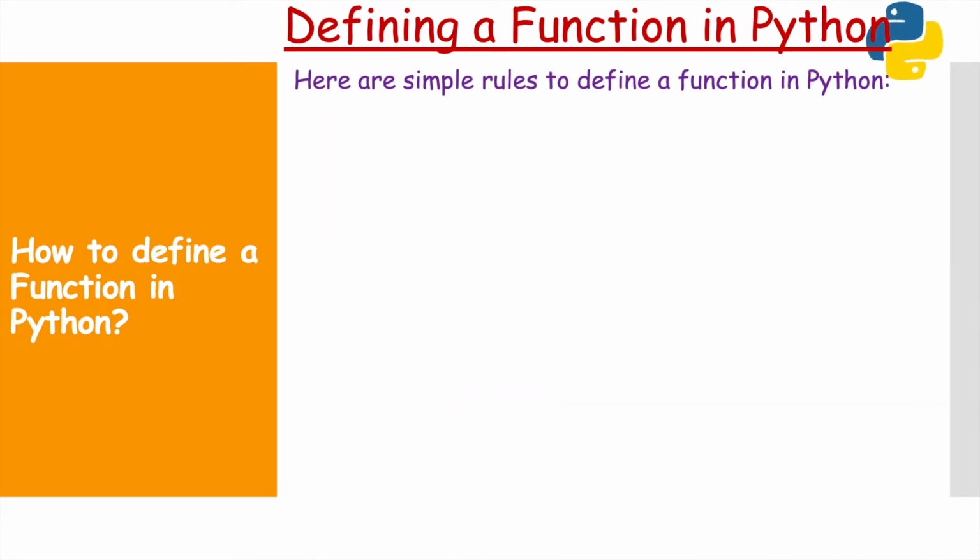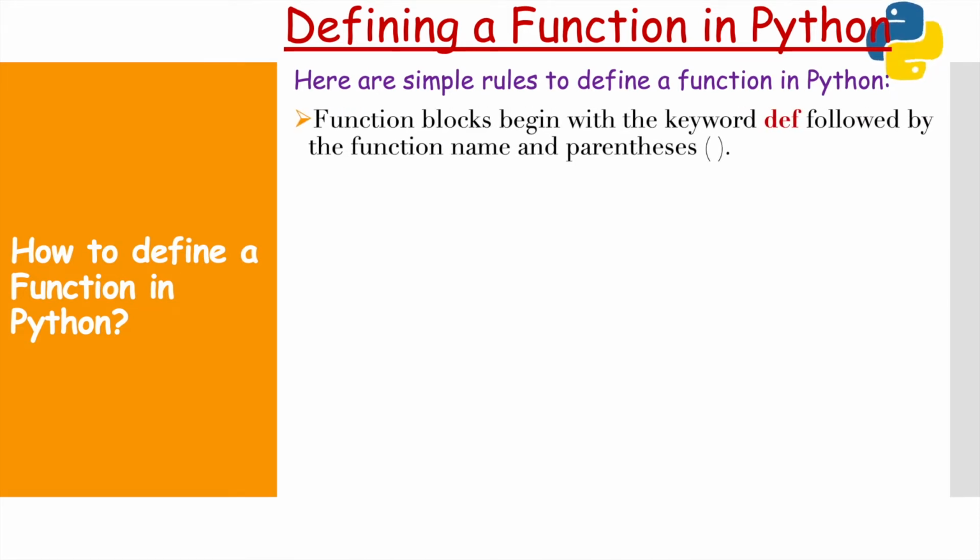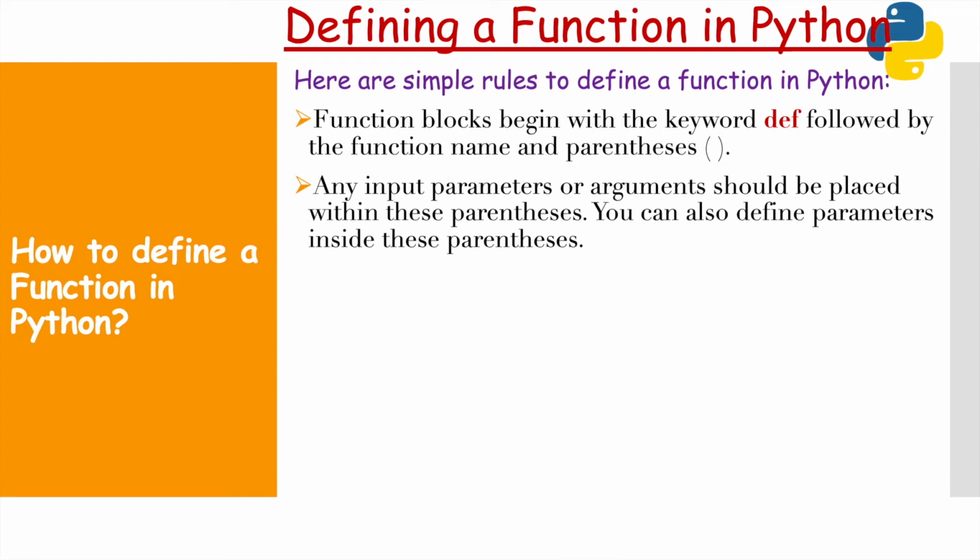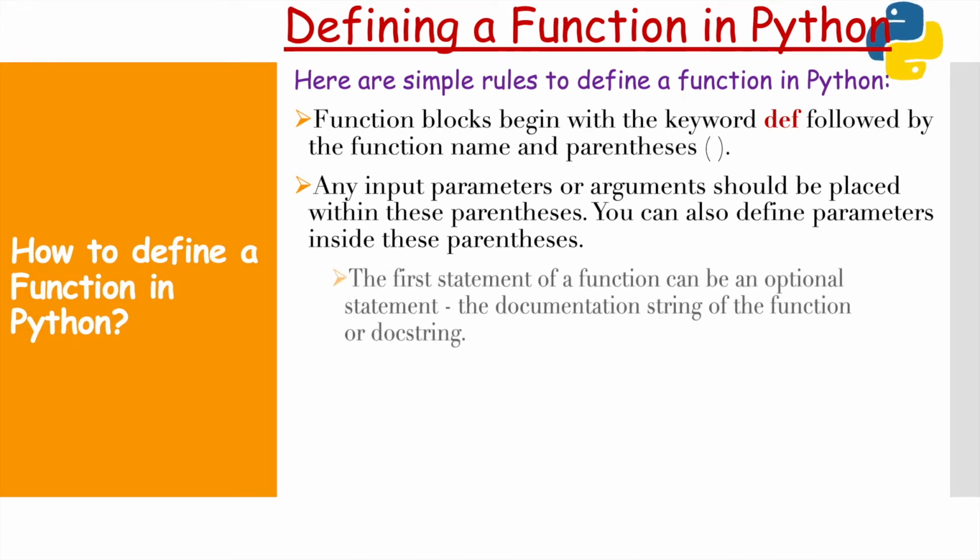So here are some simple rules which you can use to define a function in Python. Function blocks begin with the keyword def, which is followed by the function name and the parentheses. And any input parameters or arguments should be placed within these parentheses. You can also define the parameters inside these parentheses.